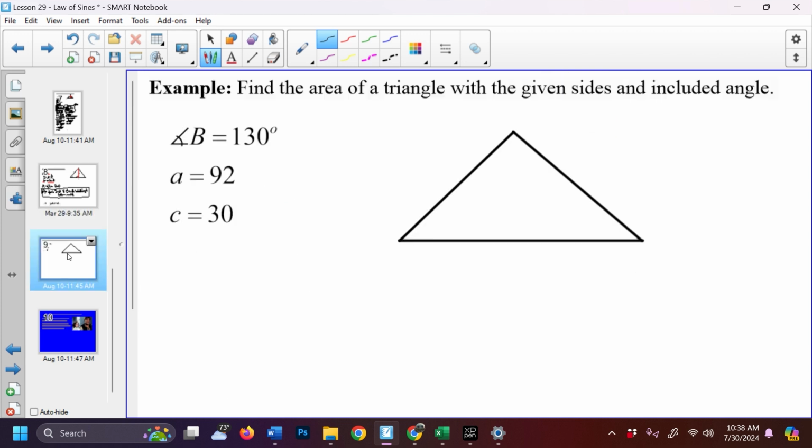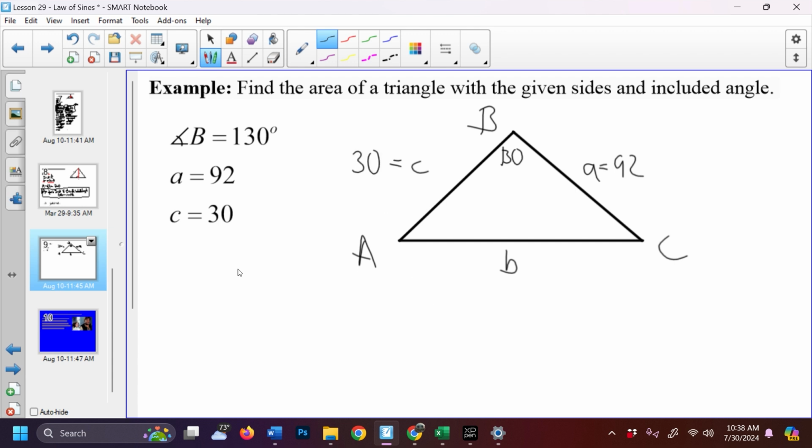Let's do an example. If I label this triangle as A, B, and C, this side here becomes little a, this side here becomes little c, this side here becomes little b. Angle B is 130 degrees, little a is 92, little c is 30.